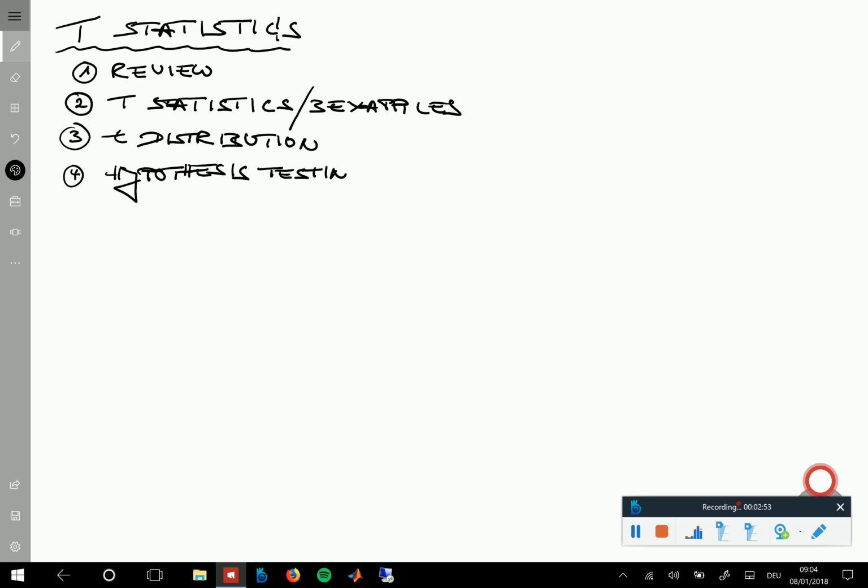general idea of hypothesis testing based on the t-statistic, because I think the whole thing works a little bit different maybe than you are used to. Everybody has seen t-statistics in undergraduate statistics for 1 sample or 2 sample t-tests. And there it was all about rejecting or not rejecting the null hypothesis.